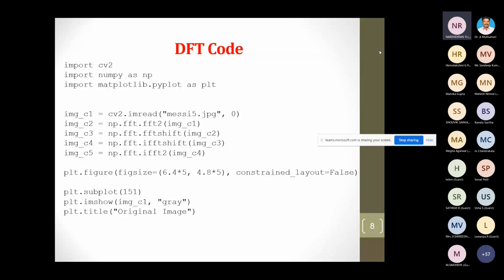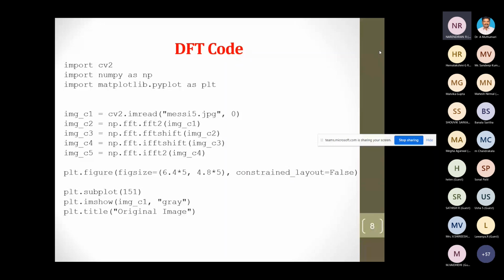Now I have to apply the fast Fourier transform, FFT2. To demonstrate how FFT is working, I'm going to shift, and then apply the inverse transform of that. Then I'm going to show all the images on the screen.